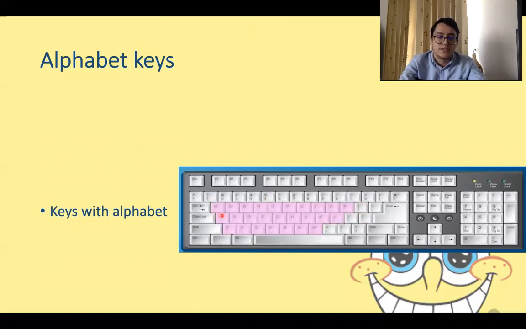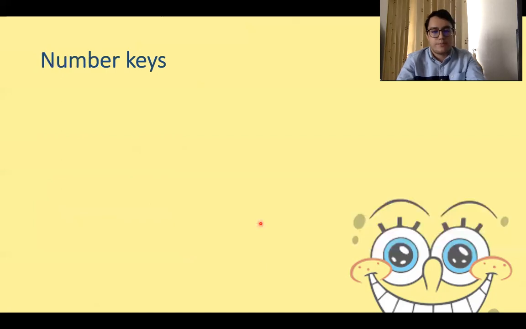Alphabet keys are basically the keys that you use to write words. All right, so you can see A, S, T, F, G, and all the alphabet on your keyboard. These will help you to write and type words in the future classes that we might have assignment. So you need them to type.